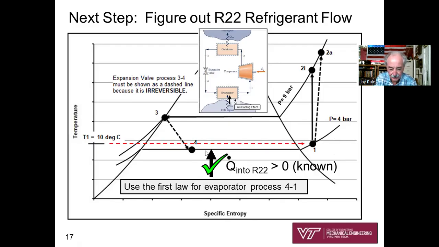We've got a number for this. What's the first law for the evaporator? Q dot N, got it, minus W dot out, 0. The evaporator's not lifting a weight, equals m dot of the refrigerant, don't know it, times the enthalpy change, H1 minus H4. If we can get numerical values for H1 and H4, we can calculate the mass flow rate of the refrigerant. Let's do that.